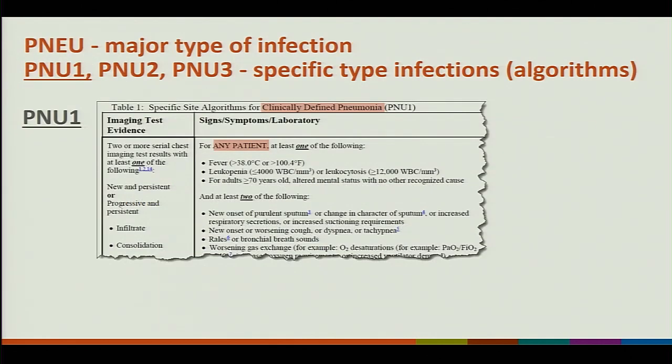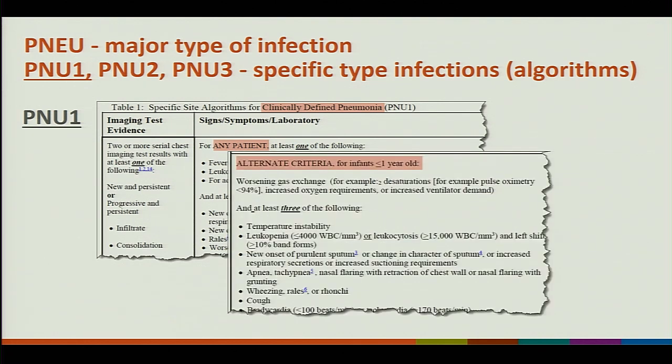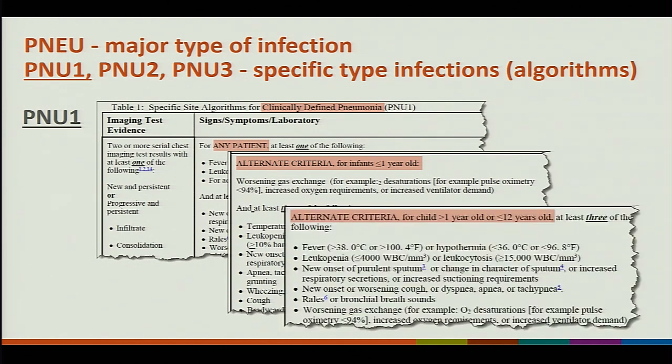Within the pneumonia protocol, pneumonia is the major type of infection, and there are 3 algorithms within the pneumonia protocol: PNEU1, PNEU2, and PNEU3. PNEU1 has 3 different algorithms, one for any patient, one that is specific for infants less than or equal to 1 year of age, and one that is specific for children greater than 1 year and up to less than or equal to 12 years of age.